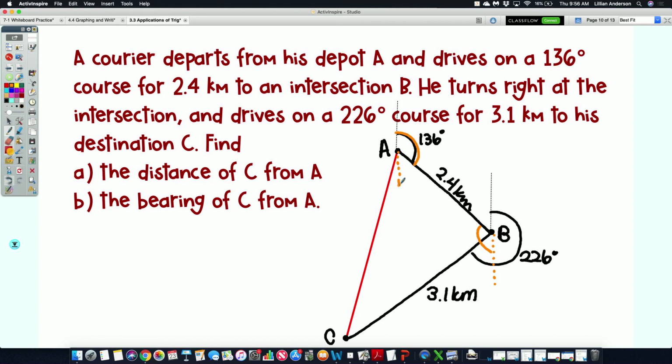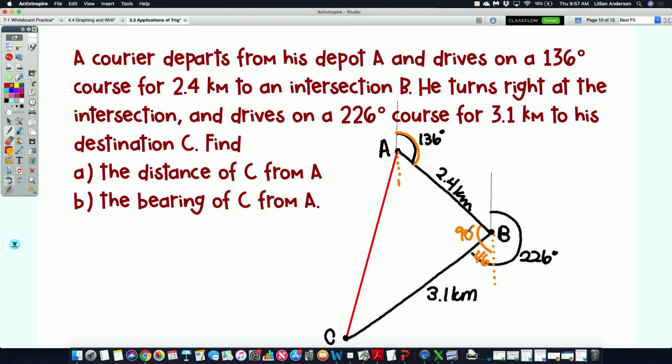Sorry, I'm thinking too hard. All right. So then, since those two angles, the 46 and the angle inside the triangle that we want, have to add up to 136, this will be 90 degrees. Good stuff. So yes, this is a right angle.